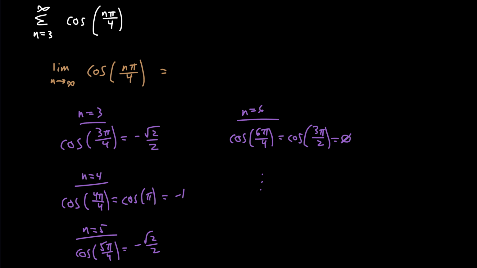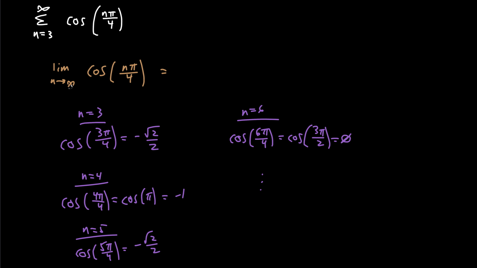But what I'm noticing as I write out these first few terms is that the cosine is changing its value. And not only that, eventually it would cycle backwards. So if I go far enough, I would end up with a multiple that brought me back to a cosine of 3 pi over 4. And then I would oscillate through these values once again, right? So there would be this little cyclical pattern going on where I keep falling through the same numbers.